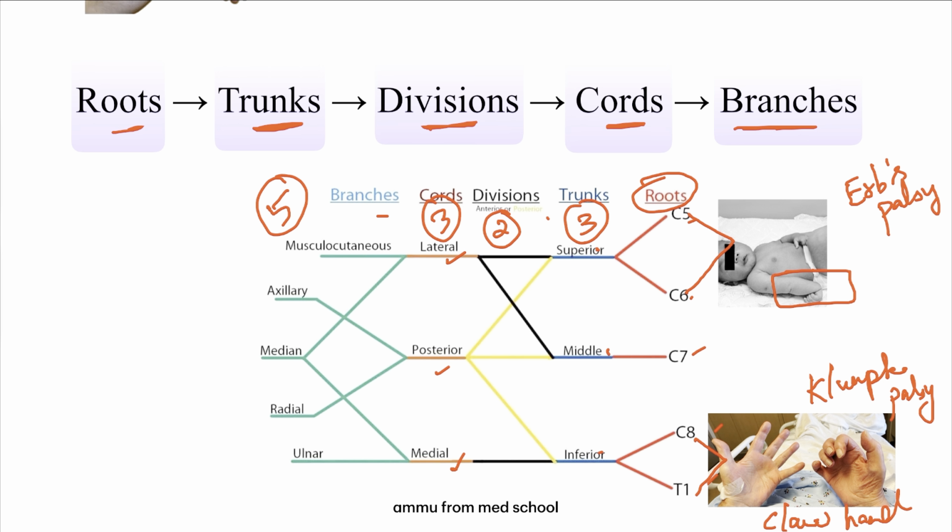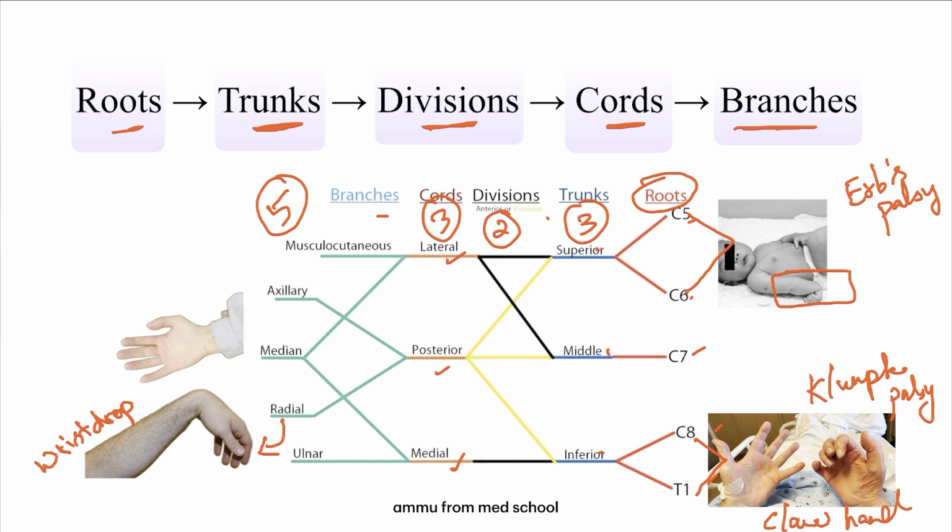Then you have the radial nerve injury that leads to wrist drop. We have seen this before in the section of bones. And then you have the median nerve injury that leads to ape thumb deformity. Now, these 4 are high yield injuries that you have to remember in the section of brachial plexus.